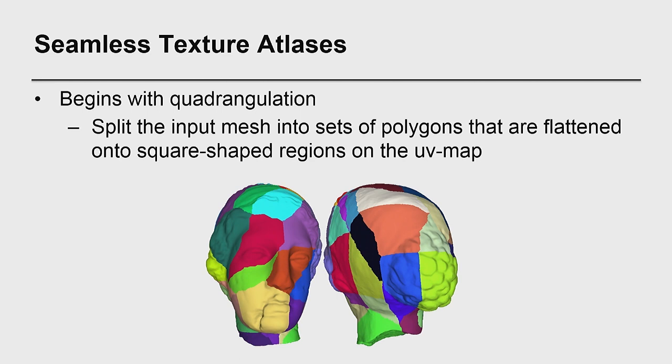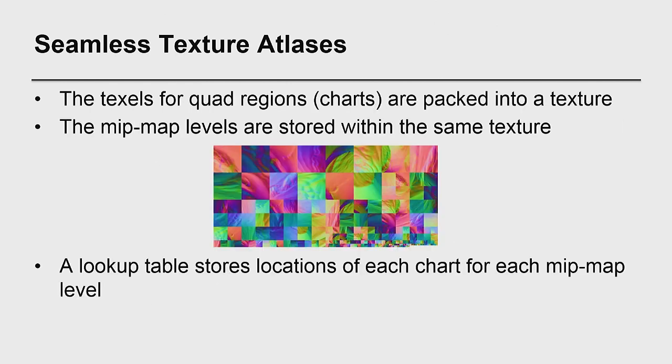We want that because we would like to take each one of these charts, each of these pieces, and flatten them into a square-shaped region on the texture map, as seen like this. So these square-shaped pieces or charts are packed into a texture.